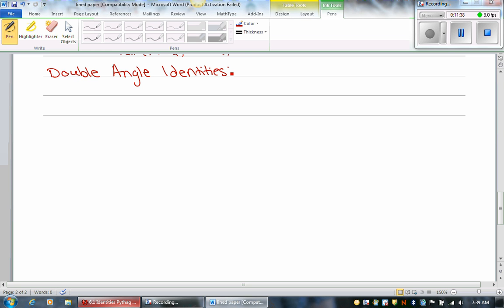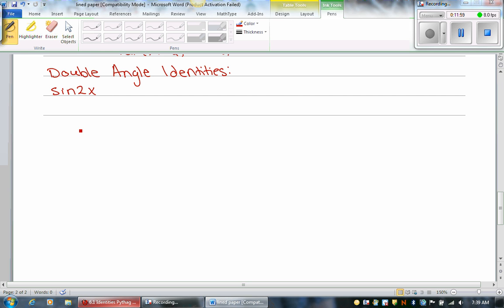Double angle identities give trig function values of 2x in terms of the function values of x. So basically what we wind up with are these nice little formulas that allow us to work with these double angles. So make sure, again, you get these written down, I'm not doing these for you guys.